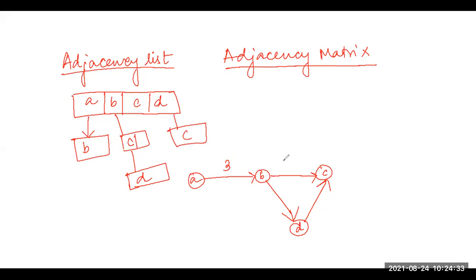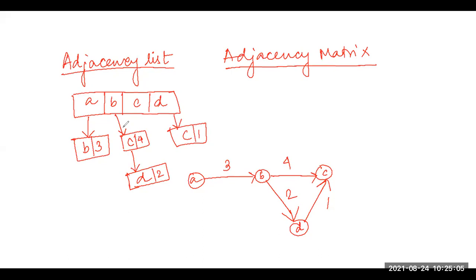Now, if certain weights are assigned to these also, then first I will write the name of the node I can reach from this node and the weight associated with it. Fine. So this will be 4, this will be 2, and this will be 1. So this is the way we show the linked list. We will see about it later.